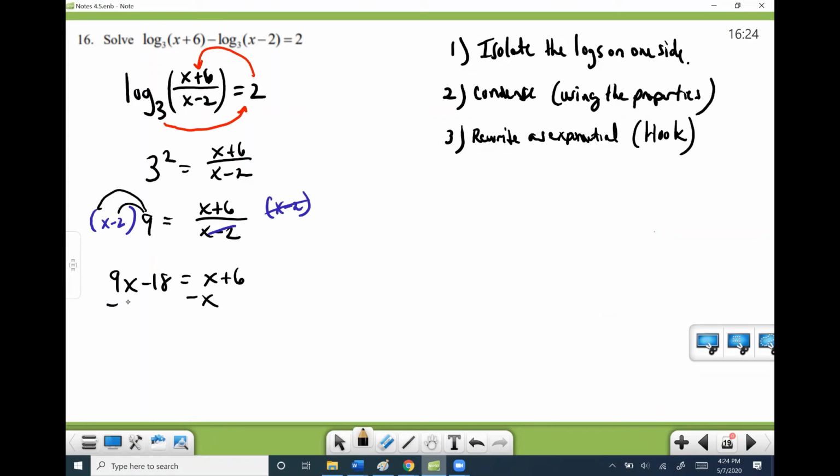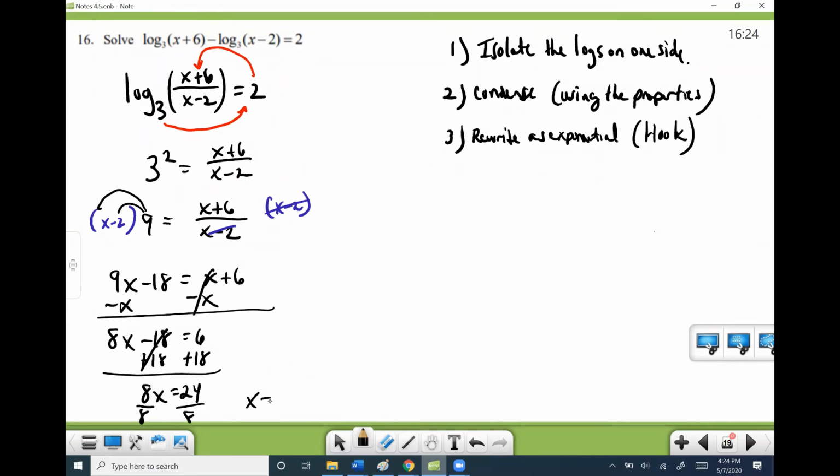Let's move the smaller of the two. We'll add 18. 18 plus 6, I think, is 24. Okay, cool. And we get x equals 3, possibly, maybe. Possibly, maybe. We still have to do step 5.